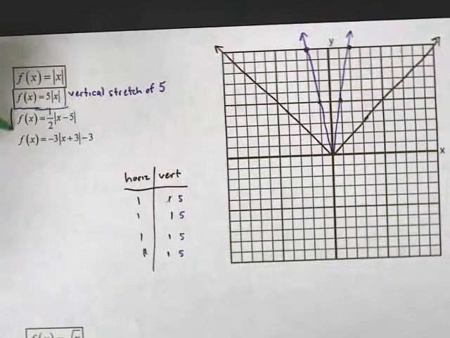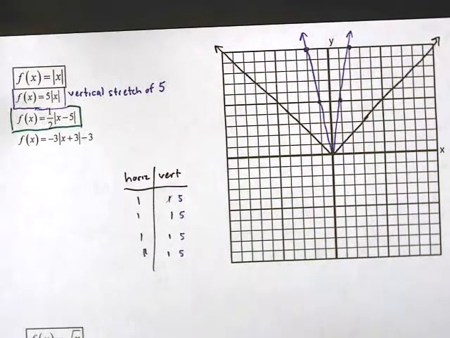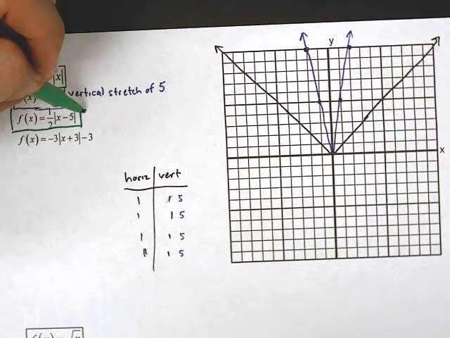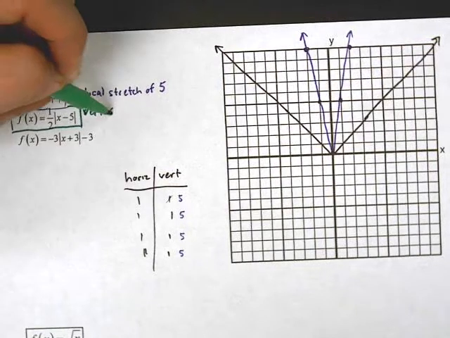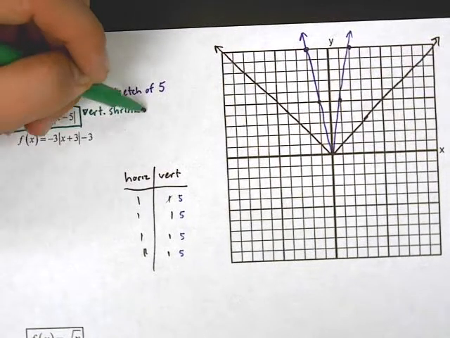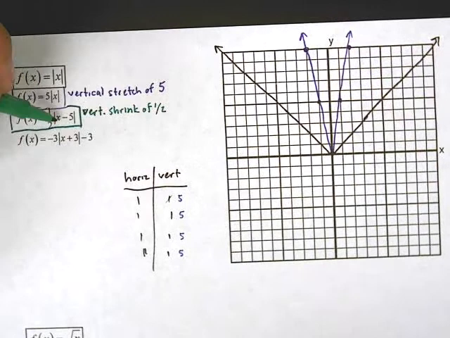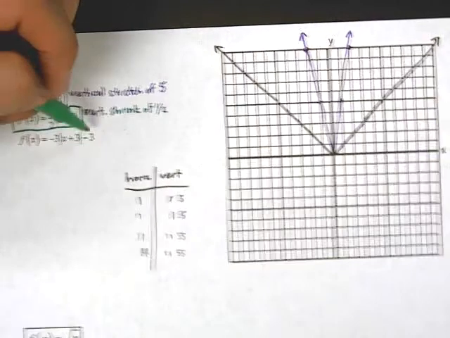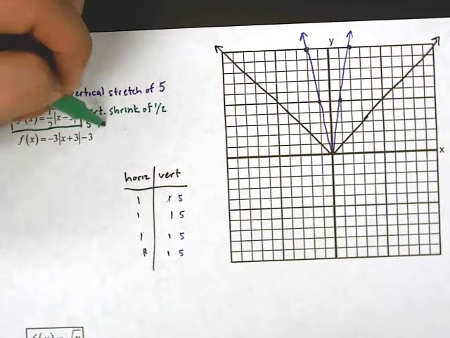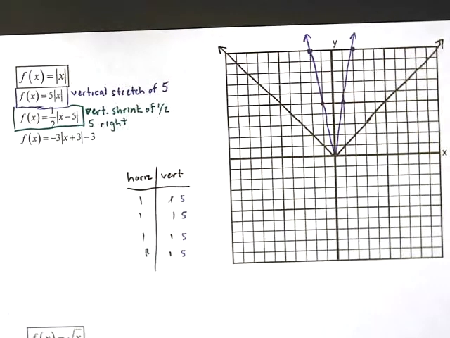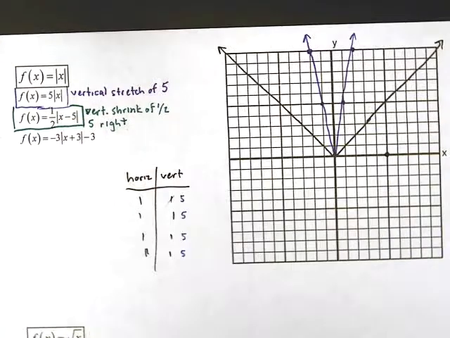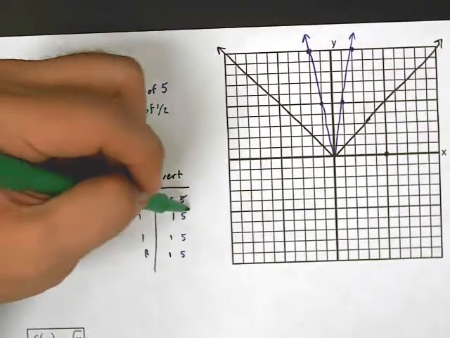Switch to my next one. Hopefully we're feeling better with these. We're getting the hang of it. We know that there's going to be a vertical shrink of half, and this minus 5 inside the function means I'm going 5 to the right. So I start by going 5 to the right, and then I'm not doing the 5s anymore.